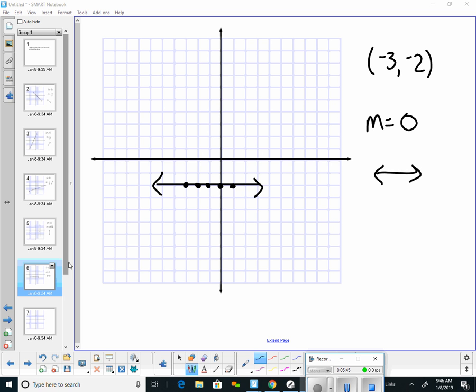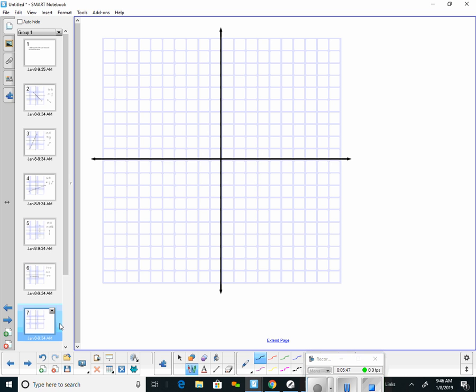All right, and let's review one more time with one that has a different slope. So we have the point (-3, -2), and my slope is -1/4. Again, negative means we're going to the left. I'm going to plot the point (-3, -2). I would be going to the left, so I'm going to rise 1 and run 4.